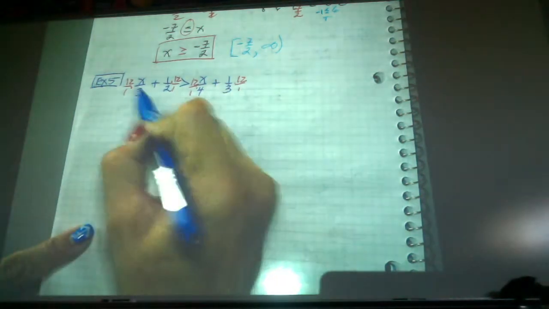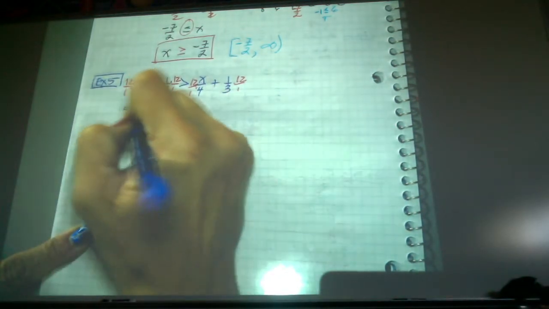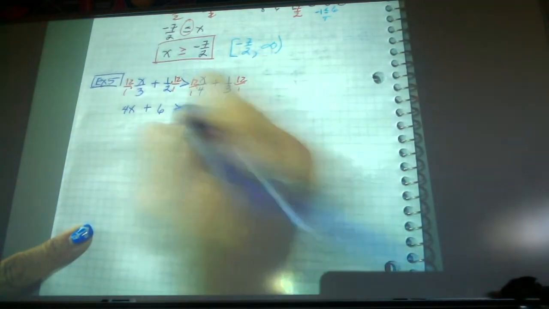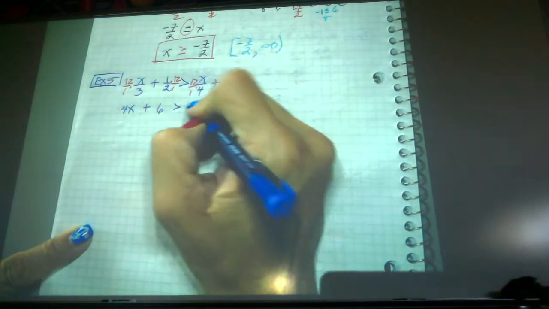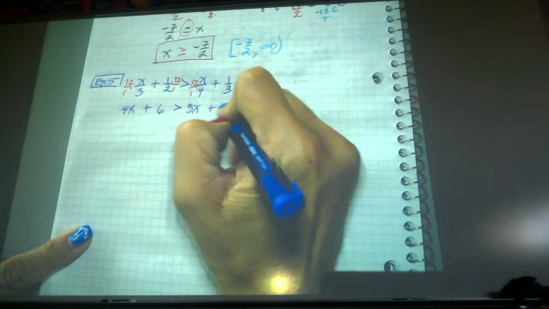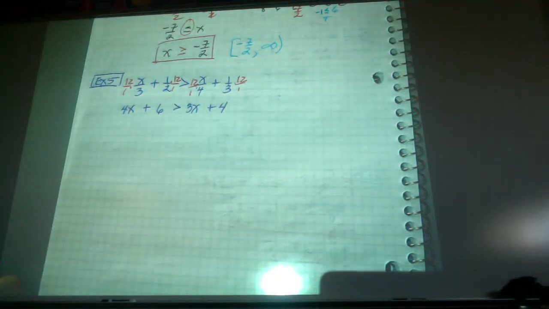So the 3 cancels into 12 4 times, so I have 4x, plus the 2 cancels into 12 6 times, greater than. 4 cancels into 12 3 times, so I get 3x, plus 3 cancels into 12 4 times. That's much easier to solve. So now continue solving.